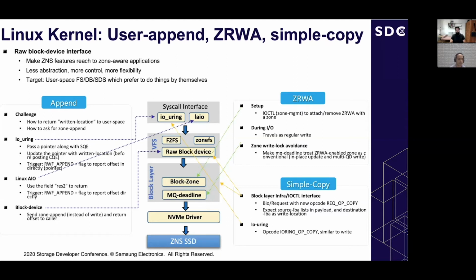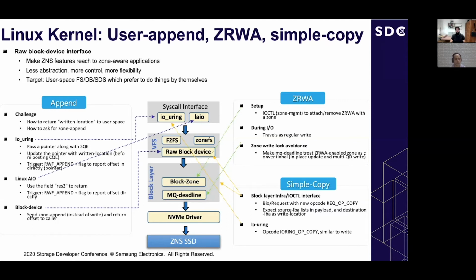In case of io_uring, we didn't really have any unused field like AIO, but it was possible for the application to pass a pointer along with the SQE. So when the application passes a pointer, io_uring can update it when it receives the completion from the lower layer.